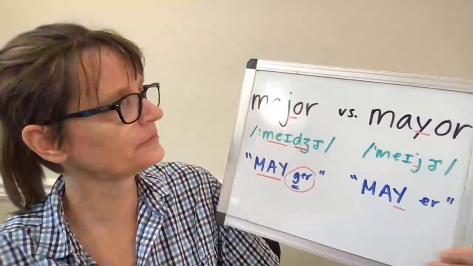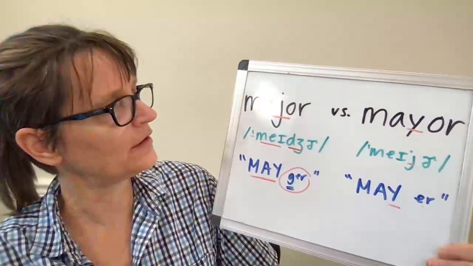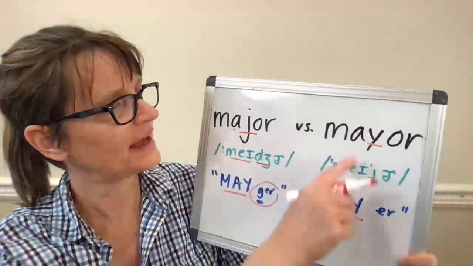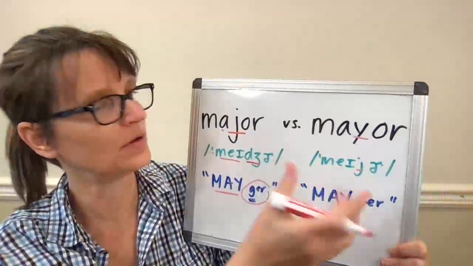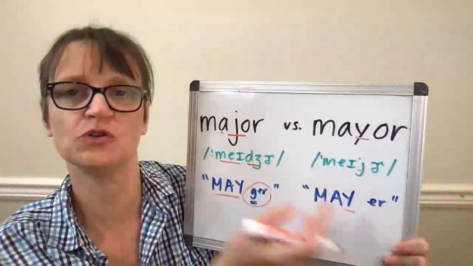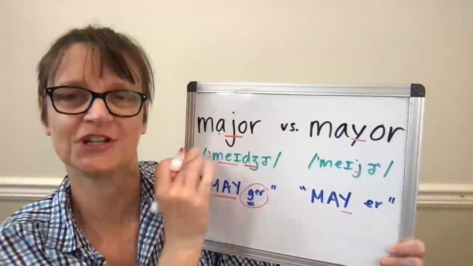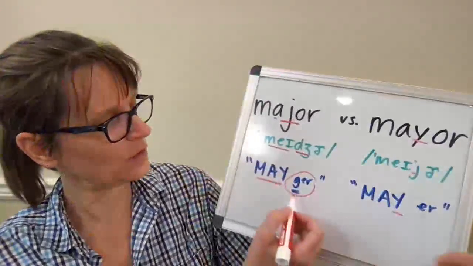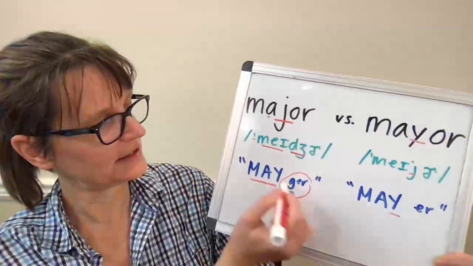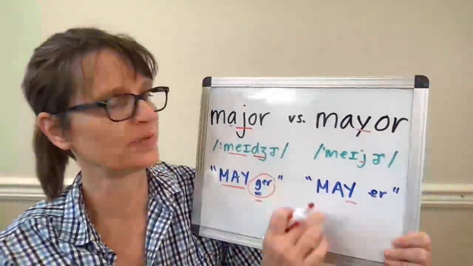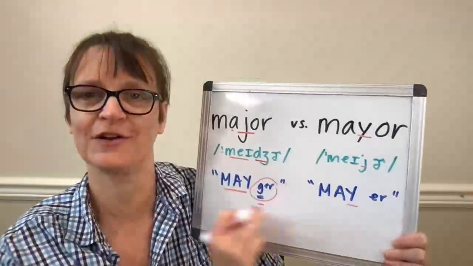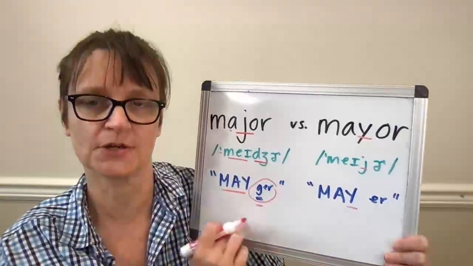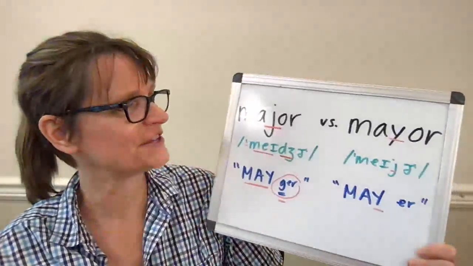Mayor. Often what I hear is that people will reverse these two, or will have a challenge between the J and the Y sound. Thinking about rewriting it in a way that highlights the differences and smoothly practicing mayor, major should be able to help you.